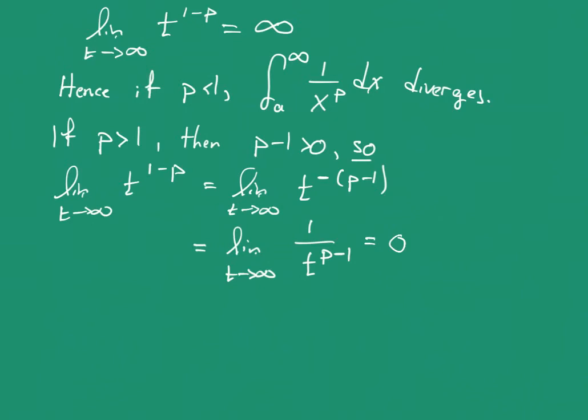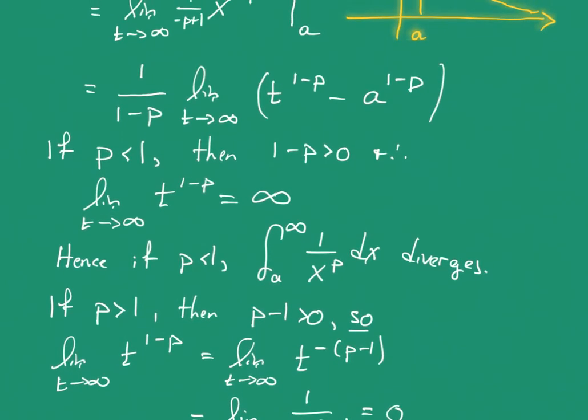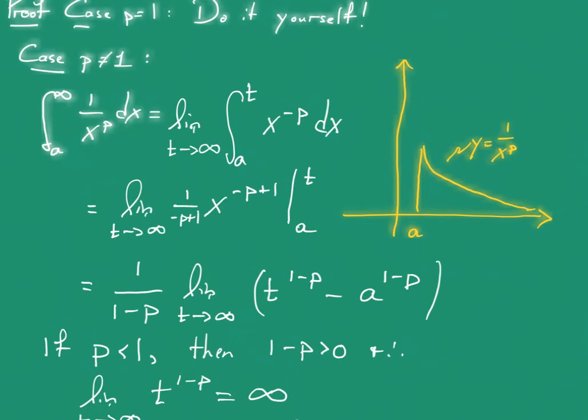All right, so what do we have? We have that if p is bigger than 1, this limit here that we were concerned with is going to be 0, and going up, as before, what have we shown? We've shown that if p is bigger than 1, the limit as t tends to infinity of t to the 1 minus p is equal to 0. That means this overall limit is going to exist as a finite number. That means that this improper integral here converges.